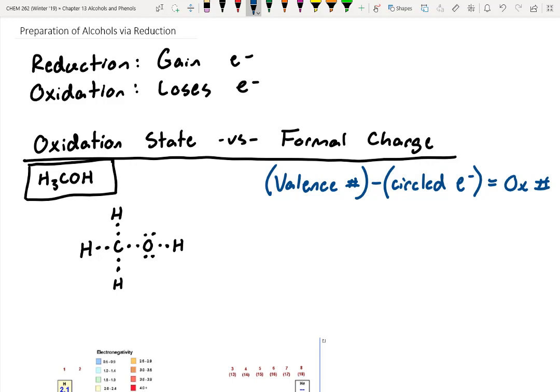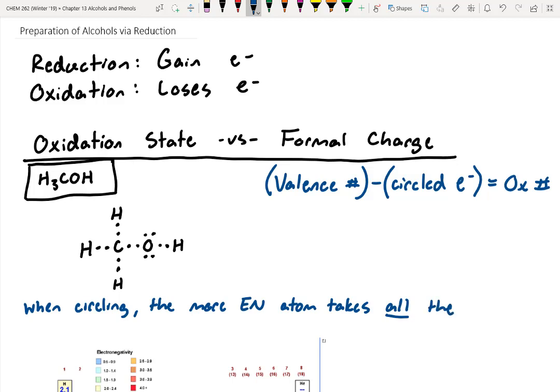All right, and the key thing with this is when you're circling, the more electronegative atom takes all the electrons.